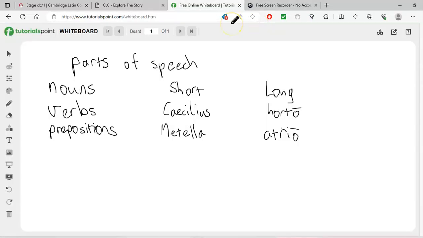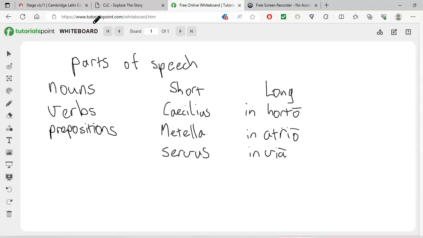Oops, the wrong one. Via. So all of these nouns with long vowels at the end, they come after the preposition in. That's the preposition. In ordo, in atrio, in via.